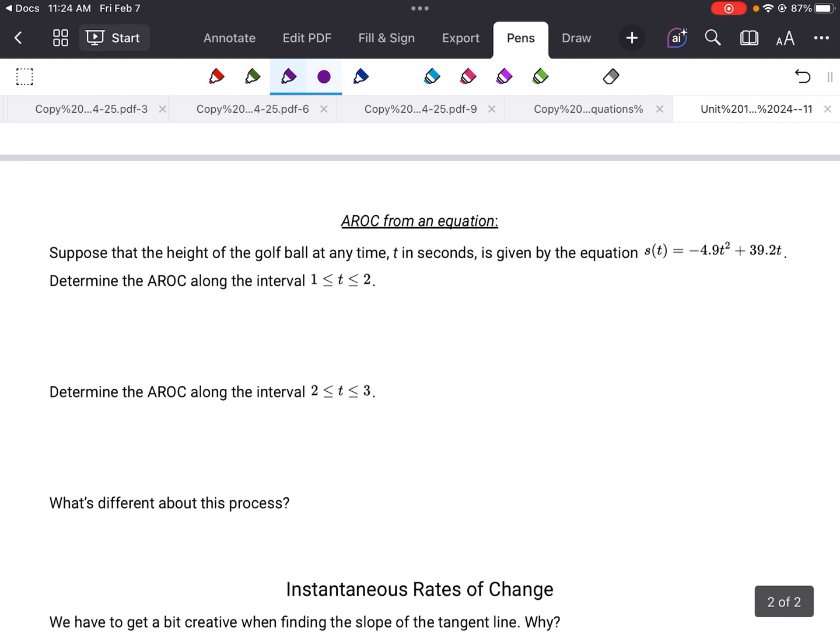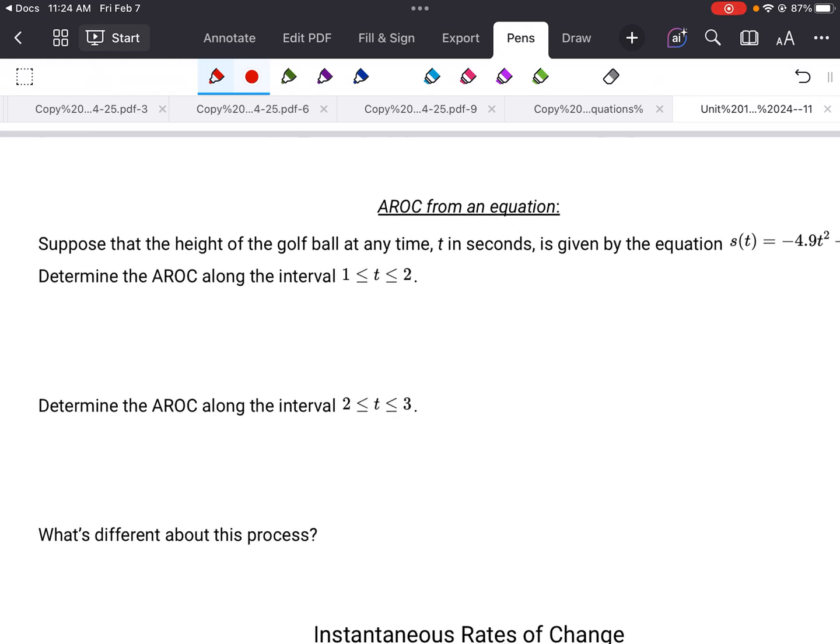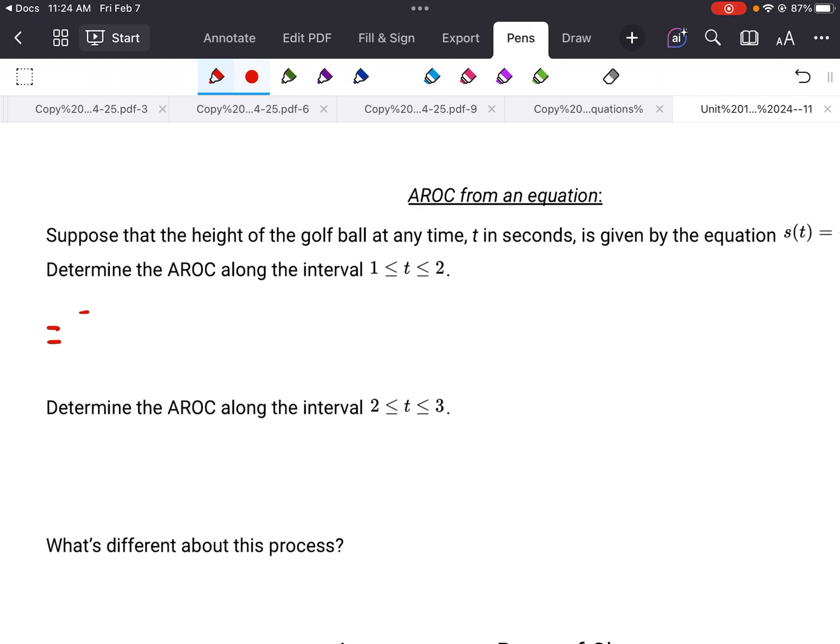AROC from an equation. Suppose that the height of the golf ball at any time t in seconds is given by the equation negative 4.9 t squared plus 39.2 t. Determine the AROC along the interval of 1 to 2 seconds. So it's the same thing. This time, though, we have functions to use. So we're going to put 2 into the function first.